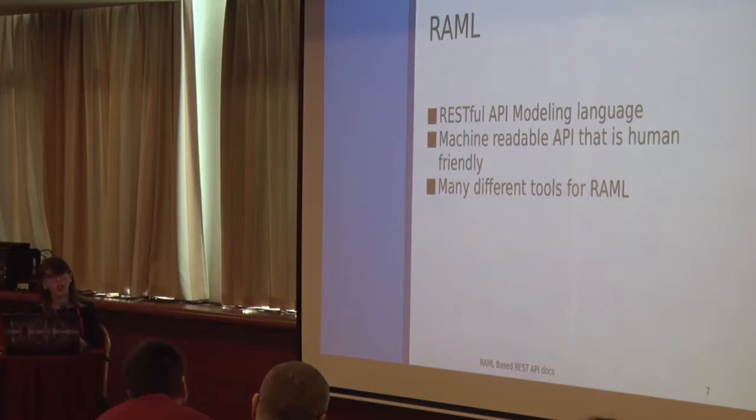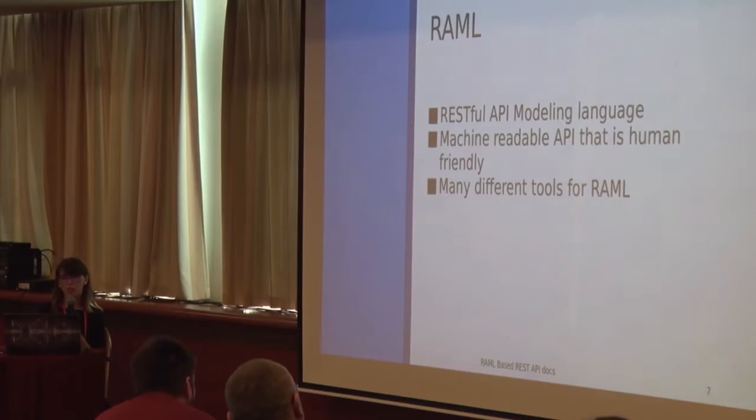So what is RAML? RAML is a RESTful API Modeling Language. It is now in good use by many developers because it is a machine-readable API description that is human-friendly. So when you see a RAML, it is easy to understand the service API from its description. And there are many different tools for RAML.